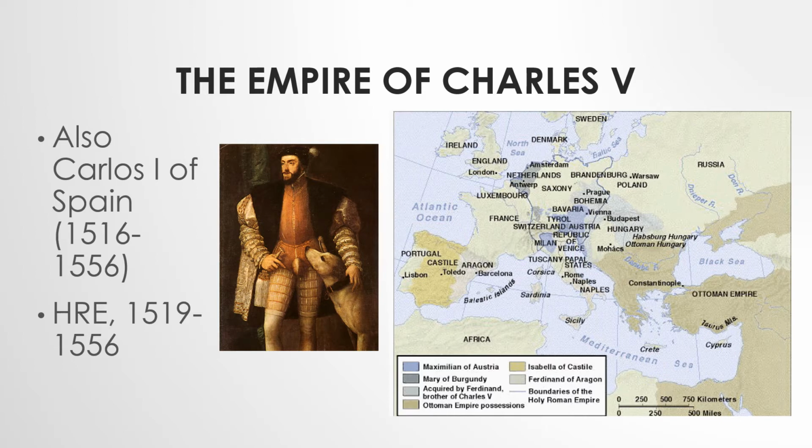His paternal grandmother was Mary of Burgundy. That's the Netherlands, Belgium, these areas up in here that he acquired from her. He also, from his maternal grandparents, Ferdinand and Isabella, inherited Spain. With that, he inherited the Spanish Empire in the New World, and he controlled much of southern Italy.